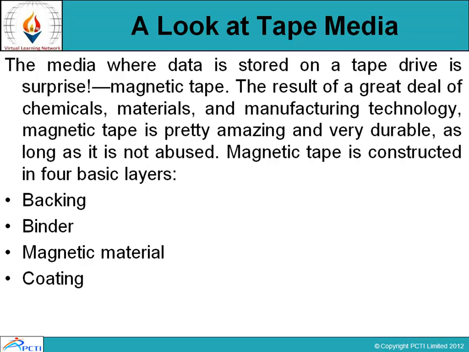The binder is a flexible glue-like material that bonds the backing and the magnetic material. The magnetic material is where the data is written and read. Magnetic properties are provided by fine metal oxide, which is smooth to the human eye but somewhat jagged and rough at the microscopic level.